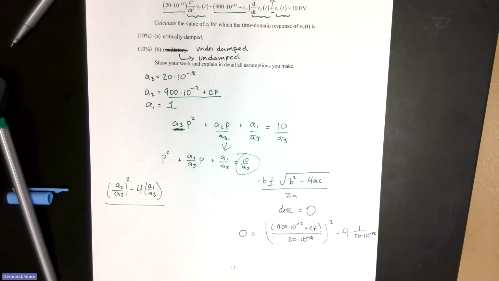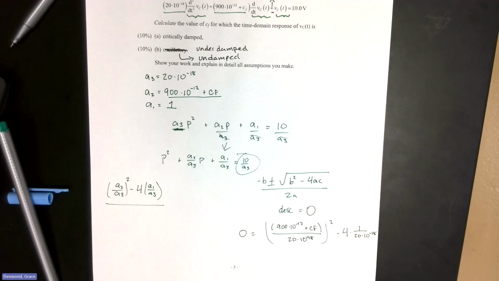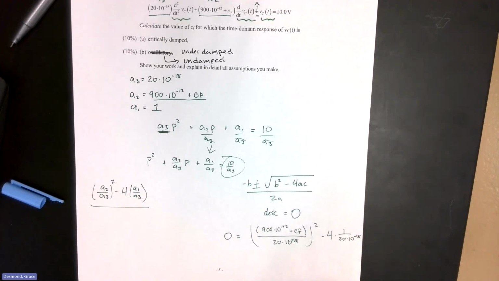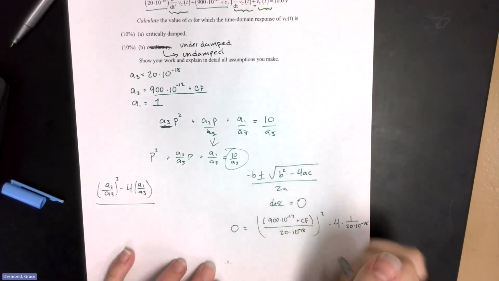So CF has two cases. What are the two cases? One is negative 9.844 times 10 to the power negative 9, or 8.044 times 10 to the power negative 9. And did you set the discriminant equal to that or the whole equation? Just the discriminant.